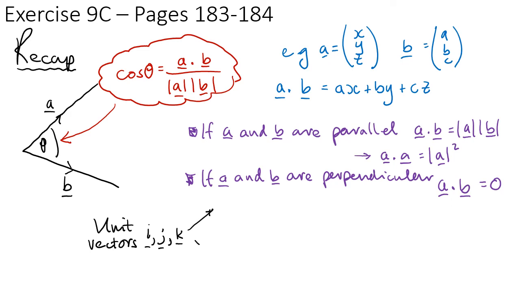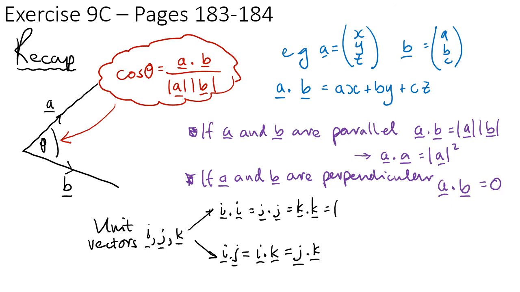So what results did we have? Well, if it's i dot i, or j dot j, or k dot k, that will be equal to 1. And then any perpendicular pair, so for example, i dot j, i dot k, or j dot k, or even the other way around, that will be equal to 0.